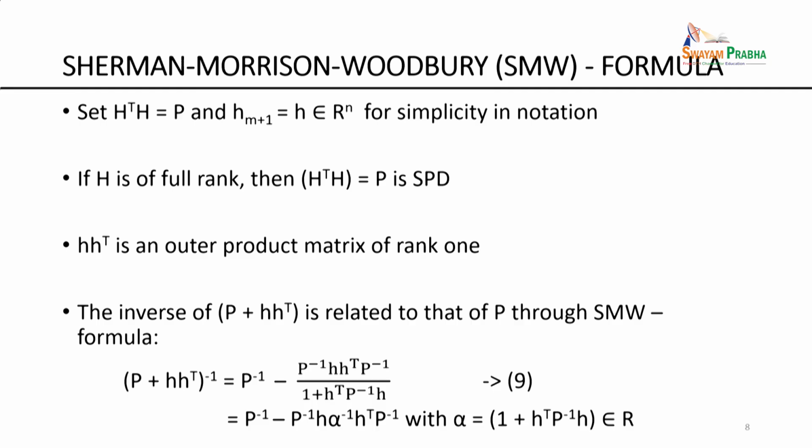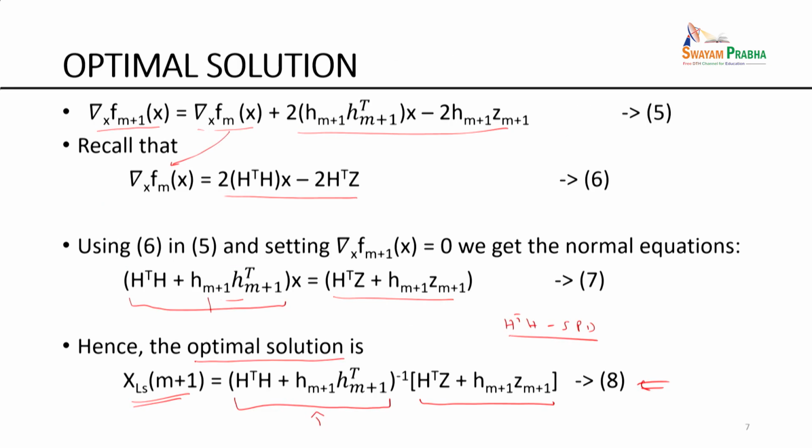So we have expressed the Sherman-Morrison-Woodbury formula in terms of P and H H transpose. So setting H transpose H as P and Hm plus 1 as H, for simplicity in the notation, assuming H is full rank, H transpose H is SPD. This is the outer product matrix of rank 1. The inverse of P plus H H transpose, this is exactly the matrix that we have gotten here.